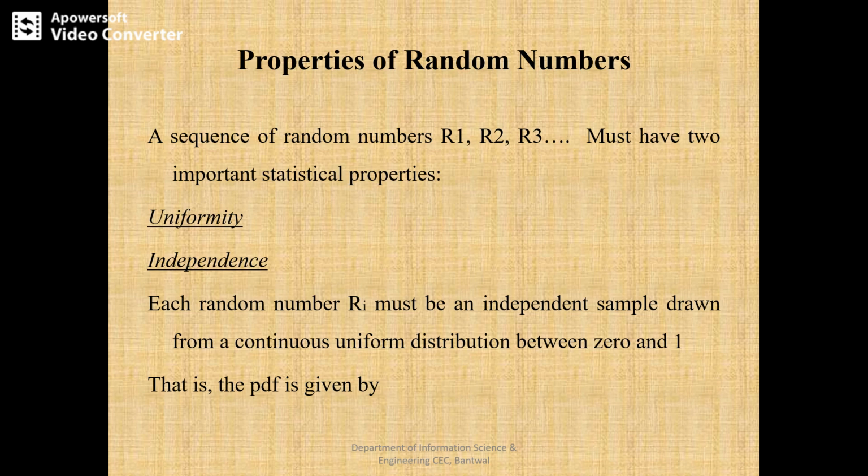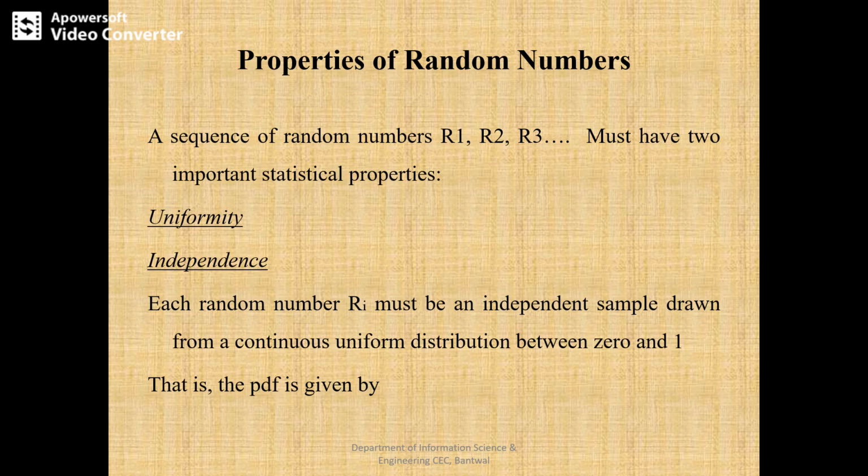Random numbers are used to generate event times and other random variables in simulation languages. So in this chapter, the generation of random numbers and their subsequent testing for randomness are going to be discussed.